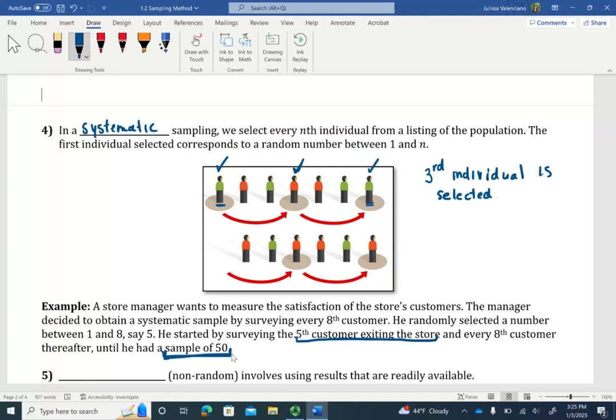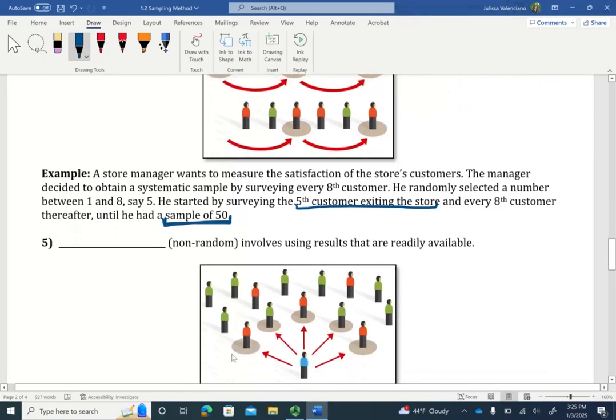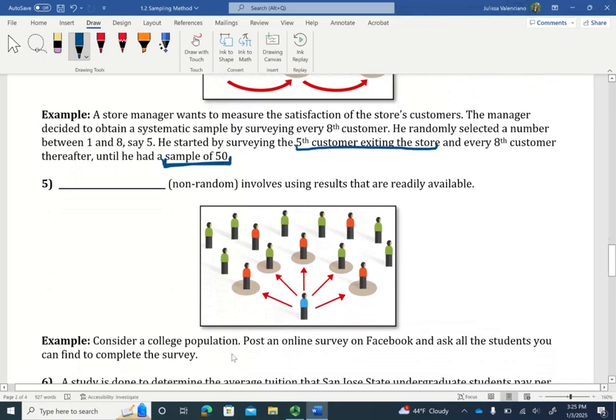Now, I am including another method here, which is commonly used. It's not random. You should avoid using this method. This method is what we call convenience sampling. This involves using participants or individuals that are available to you.